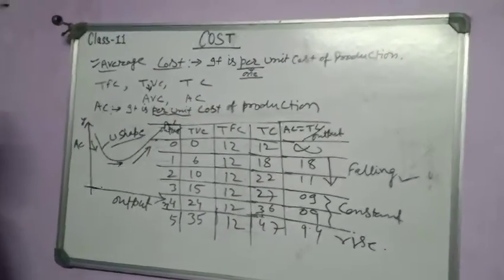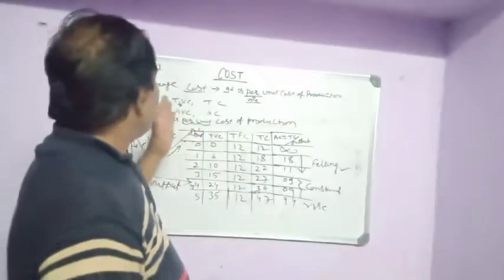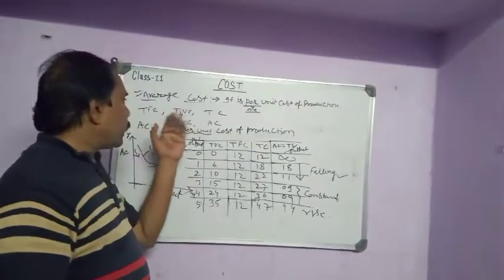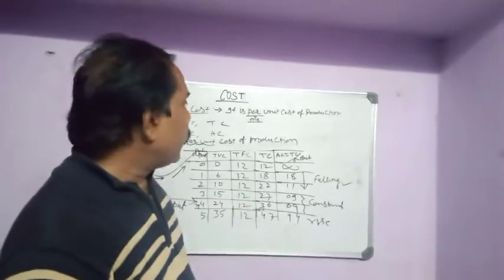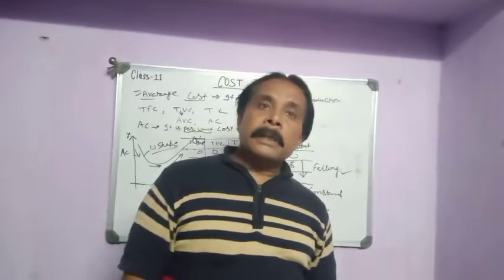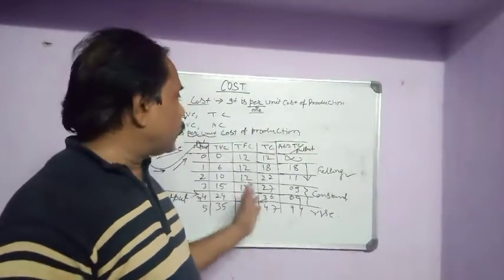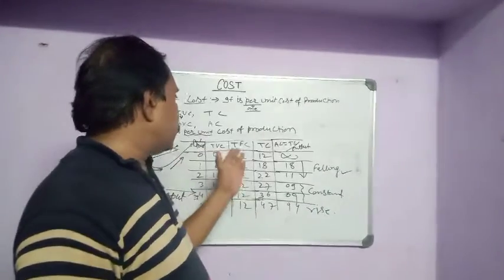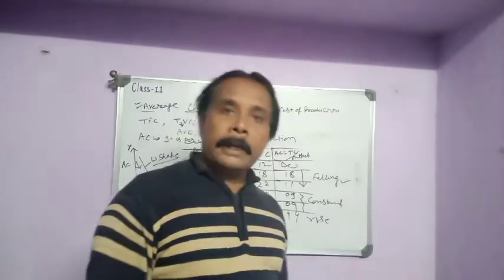So in this video, we learned about the average fixed cost, average variable cost, and average cost. Clear? In the next video, we will discuss the marginal cost, okay, and the relation between the TVC, TFC, AVC, AFC, and AC. Okay?